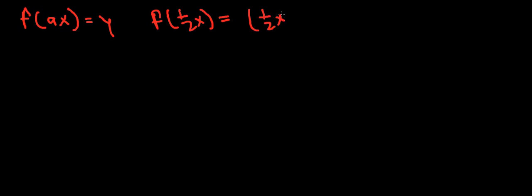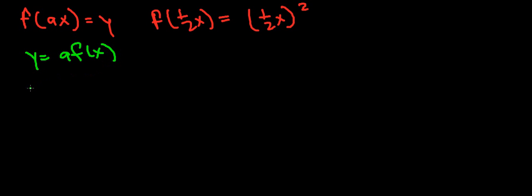is equal to 1/2 x squared. So in this case, instead of multiplying the function times 1/2, when we had vertical stretching, we had y is equal to a times some function of x.